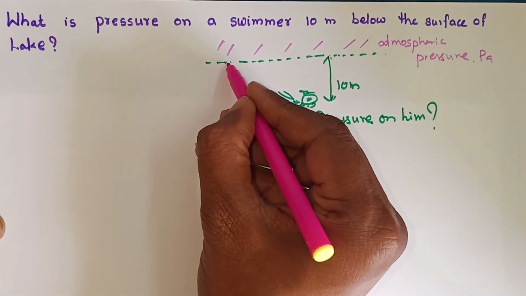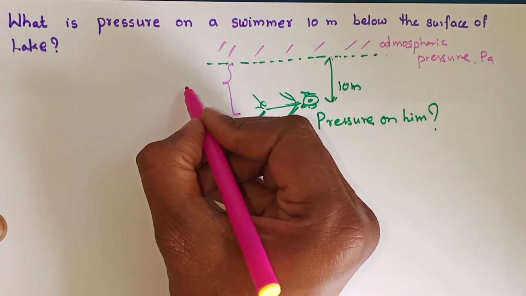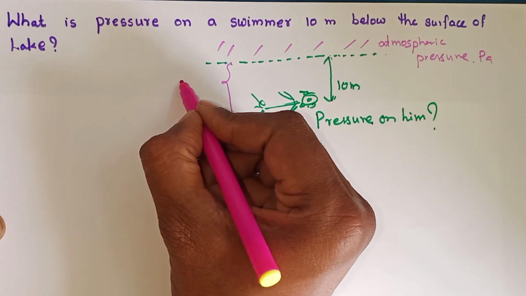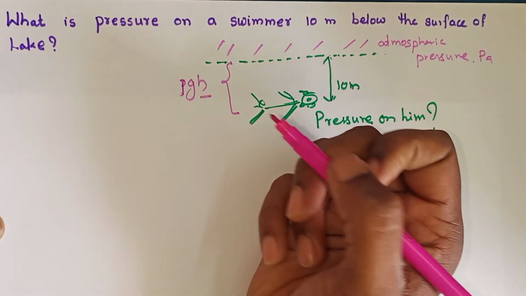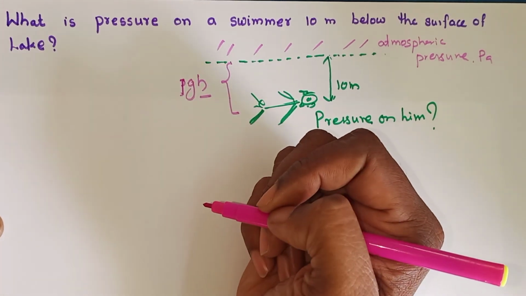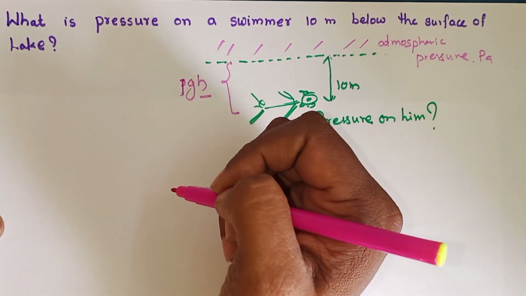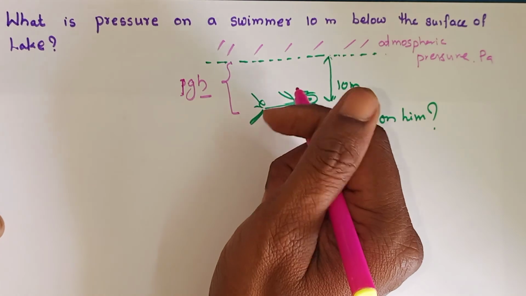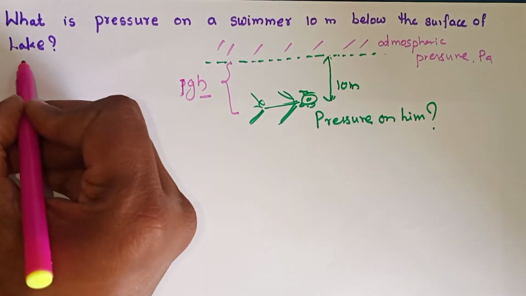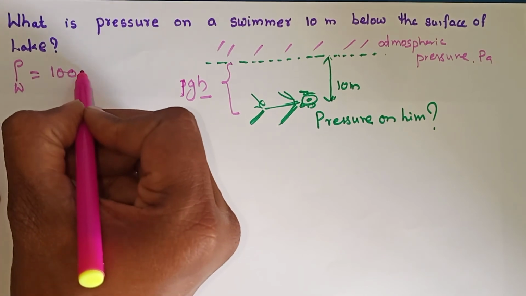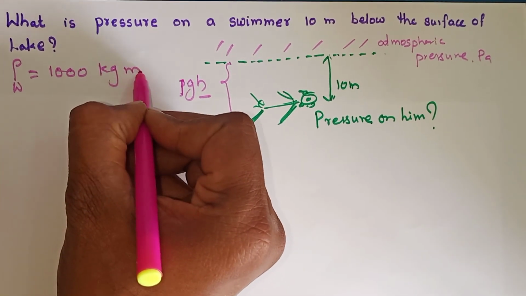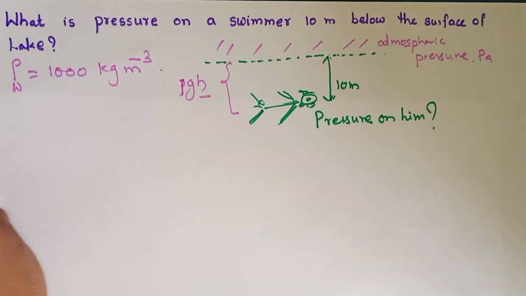Now what is the gauge pressure? This is called rho g h. Obviously, lake means water is there, so the fluid density, rho of water, is equal to 1000 kg per meter cube, as we know very well.